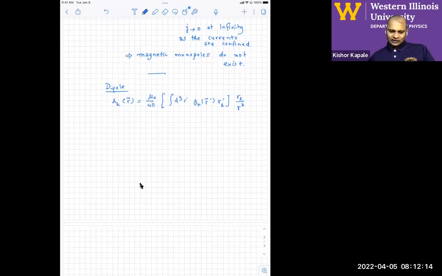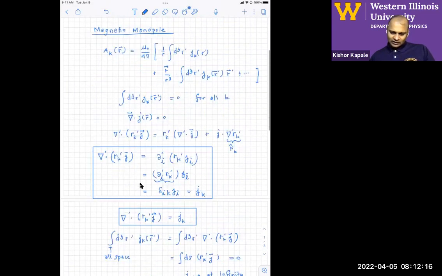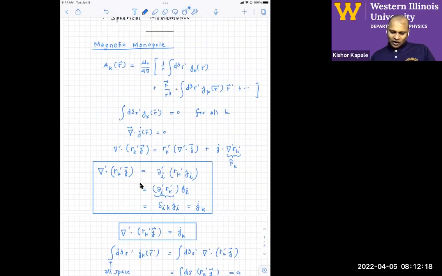If you look at the kth component, you have a dot product between r and r prime, and so I'm writing that in the Einstein summation convention as r_l prime multiplied by r_l. And then J_k is as it is, the hanging index. It should be common on both sides.